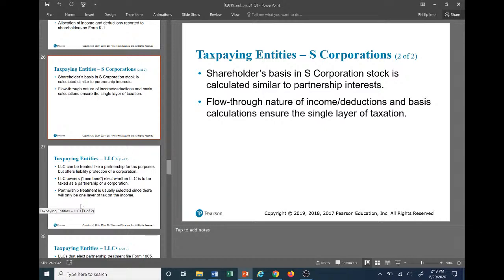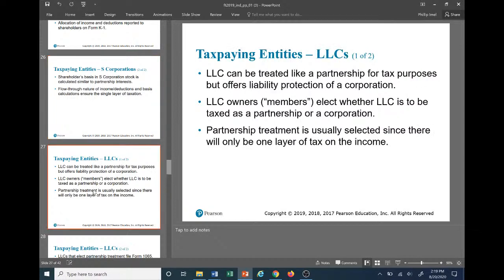And then the flow-through nature of income and deductions and basis calculations ensure the single layer of taxation. So pretty much that's the biggest benefit of the S Corp: you still have the protection that a lot of the corporations do, but you're just not being hit with the double layer of taxation.